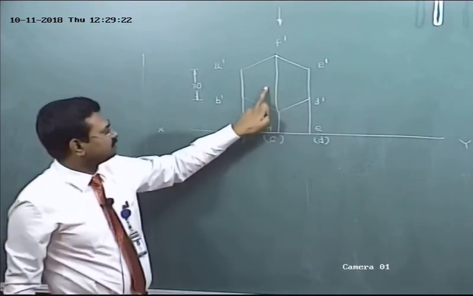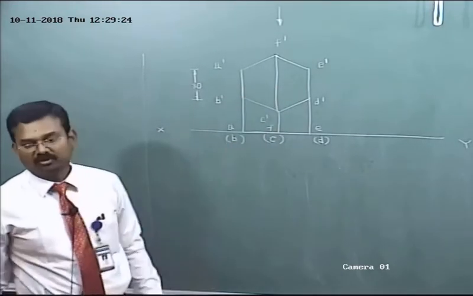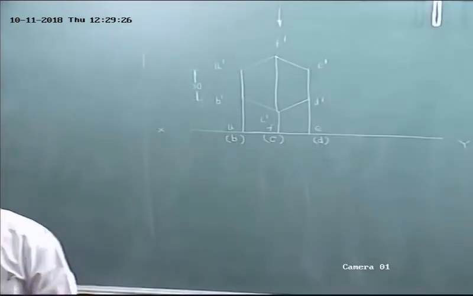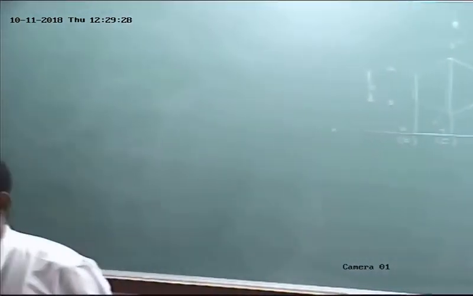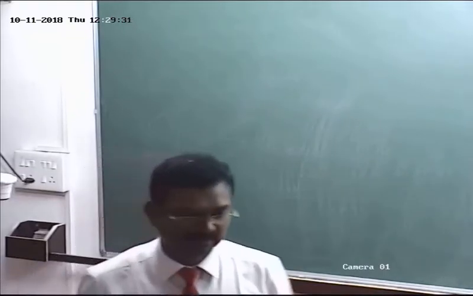So this is the first step: front view, first step top view. Top view should be mentioned by using small letters. Do you have any doubt? Okay, do it. So first complete the first step front view and the top view.